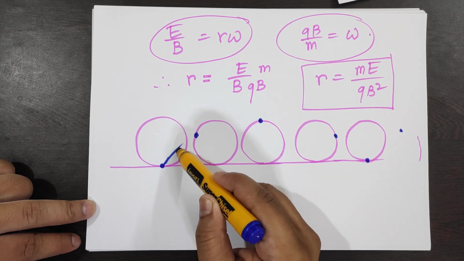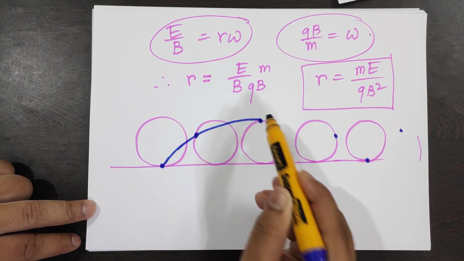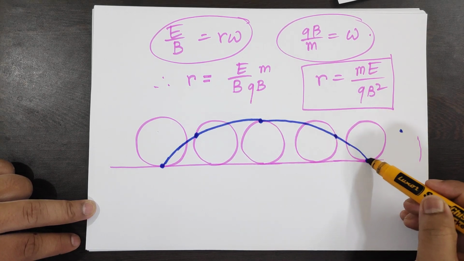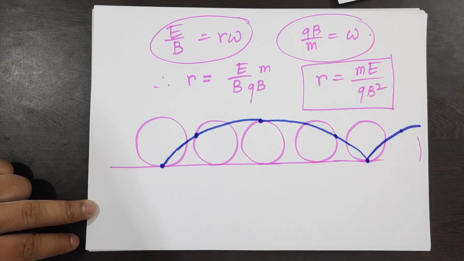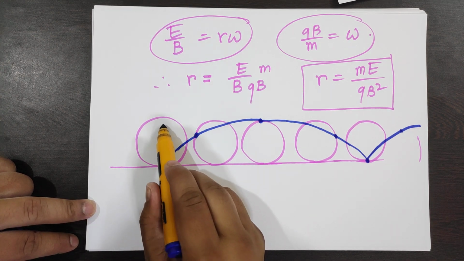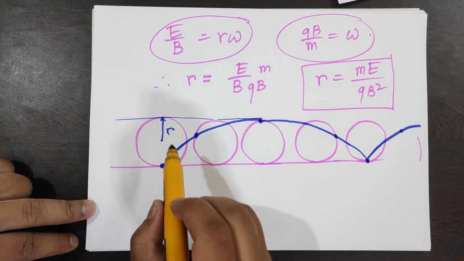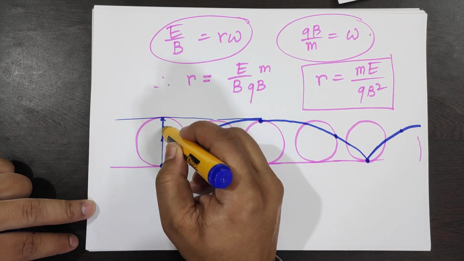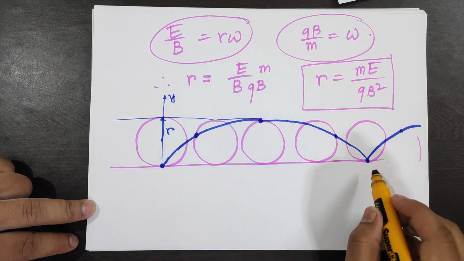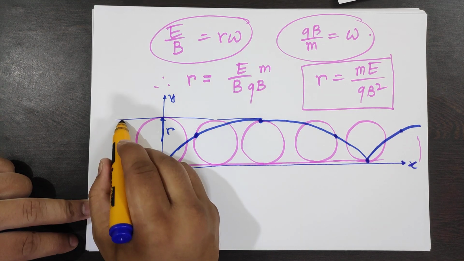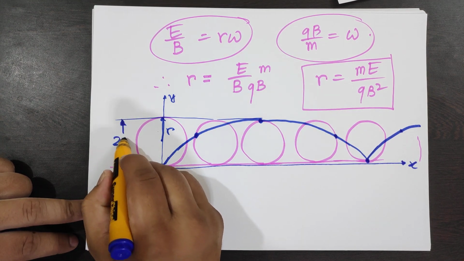So this is the path followed by the particle on the circumference of the disc or the ring. Now this is the radius of the disc. So the maximum value of the y coordinate, this is the y axis and this one is the x axis, happens to be 2r.